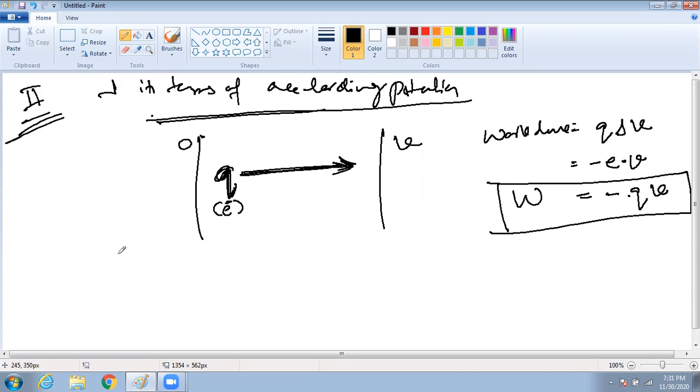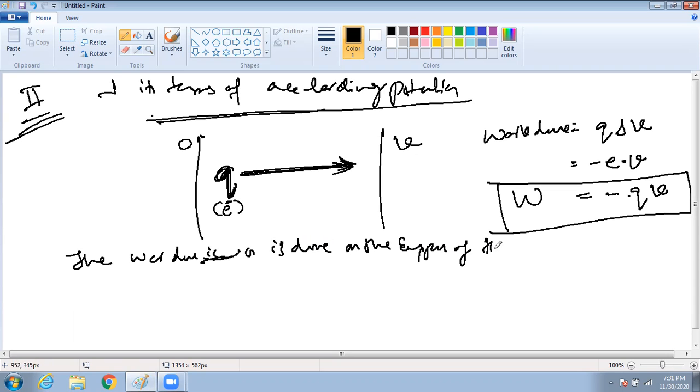And what is this work done? The work is done at the expense of the kinetic energy. So this kinetic energy is the same as the work done, which is equal to QV.